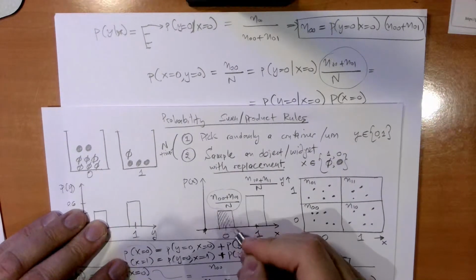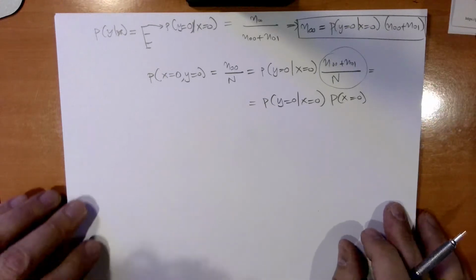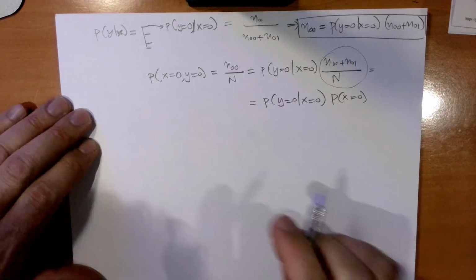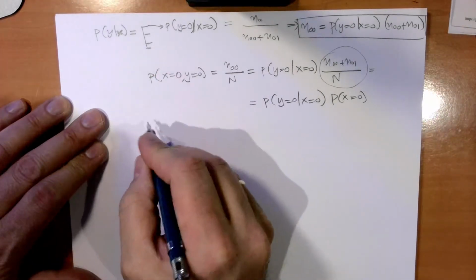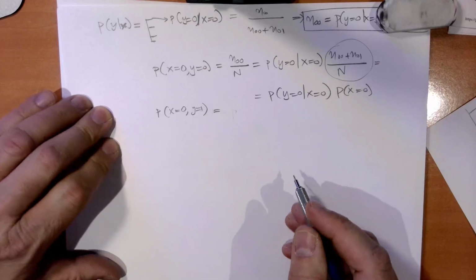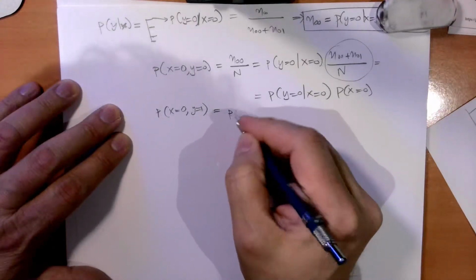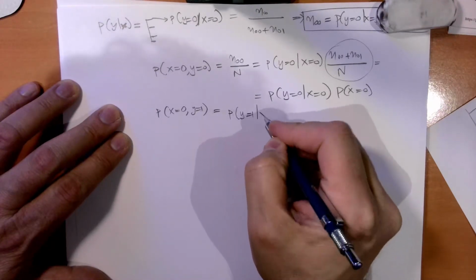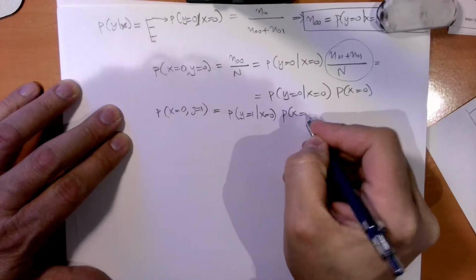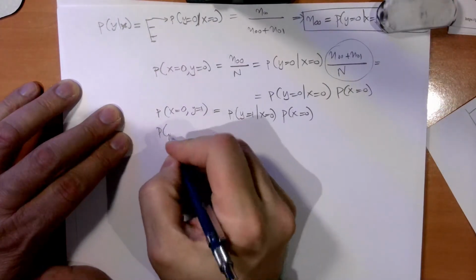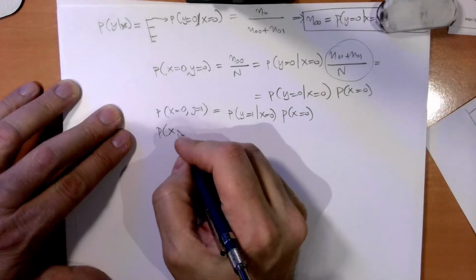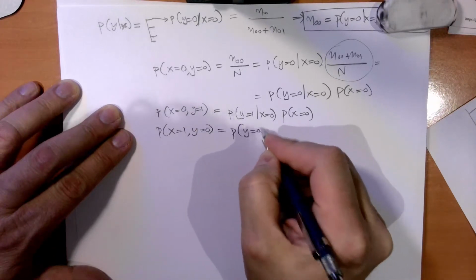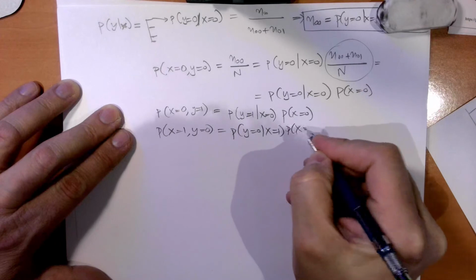And so this is now something that starts to remind us of the product rule as an expression. And if we repeat the same exercise for the others, we will rapidly come to the conclusion. This is the other expression I was just writing down: P of X is equal to 0, comma Y is equal to 1, is P of Y is equal to 1, given X is equal to 0, times P of X is equal to 0. And similarly for the others: X is equal to 1, comma Y is equal to 0, is P of Y is equal to 0 given X is equal to 1, times P of X is equal to 1.